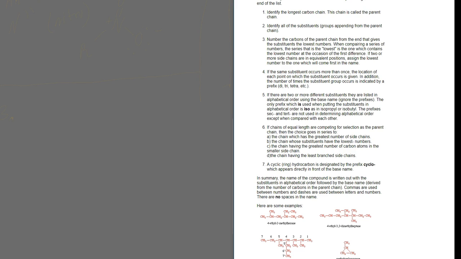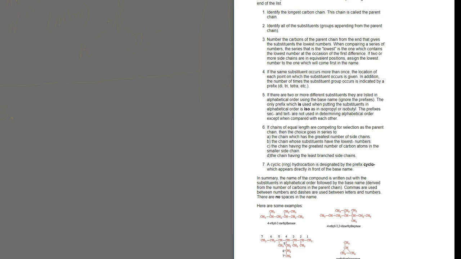So, 3, finally. That was the long part. Number the carbons of the parent chain from the end that gives the substituents the lowest numbers when comparing a series of numbers.